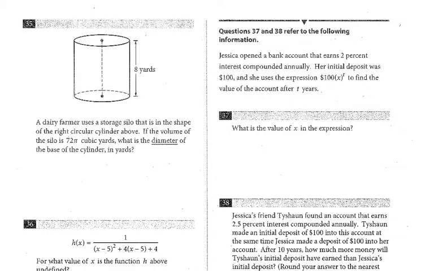For 35, we already know that the volume for this cylinder is 72 pi cubic yards. For volume, we know that it's pi r squared times the height. That means 72 pi. We already know the height is 8.